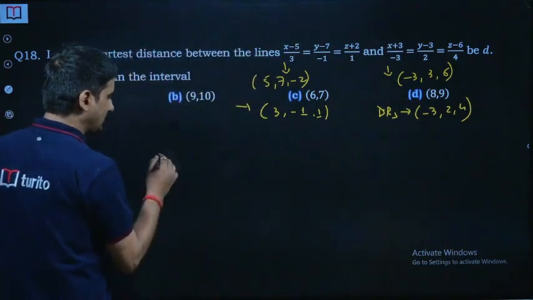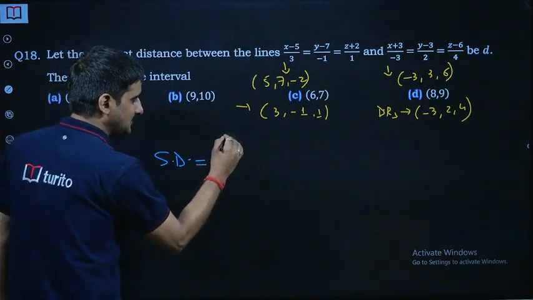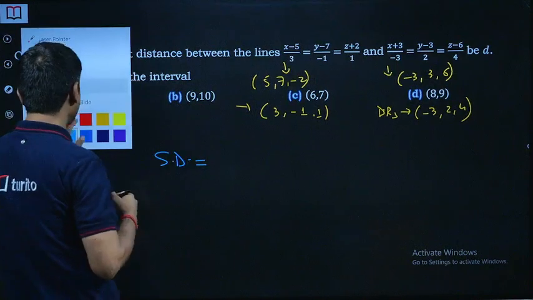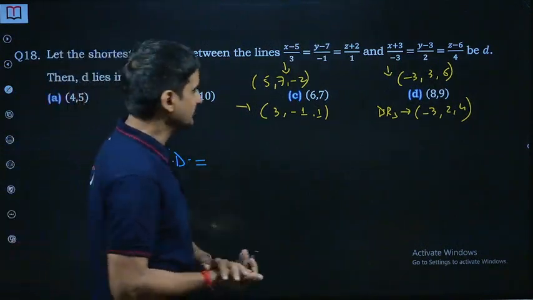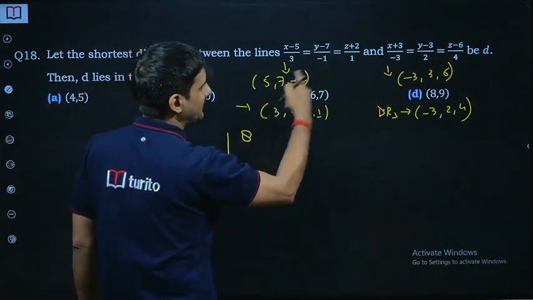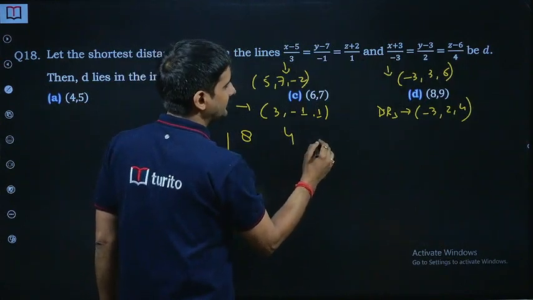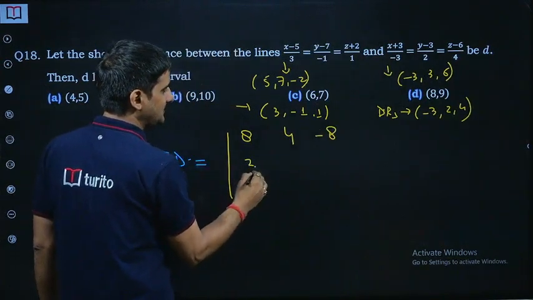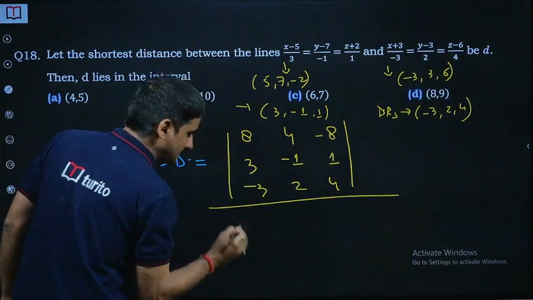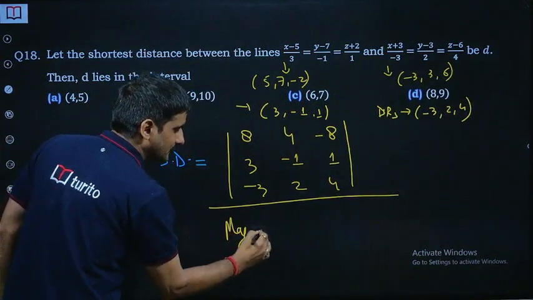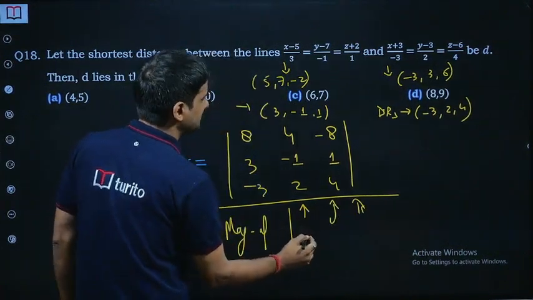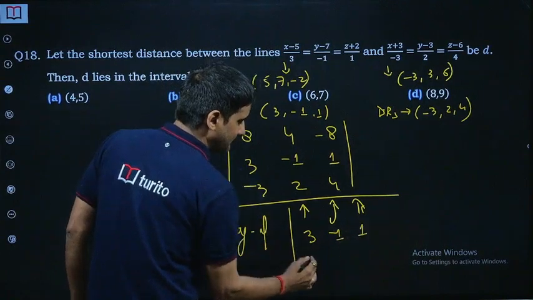So what's the formula for shortest distance? The formula is magnitude, forget the magnitude, let's take it as a determinant, because whatever answer we get, if it's negative, we'll convert it to positive, absolute value. So determinant of x2 minus x1, which is 8, y2 minus y1 is 4, and z2 minus z1 is minus 8, then a1, b1, c1, a2, b2, c2, and then divided by the magnitude of the cross product of direction vectors for the lines, which is i cap, j cap, k cap, 3 minus 1 1, minus 3 2 4.